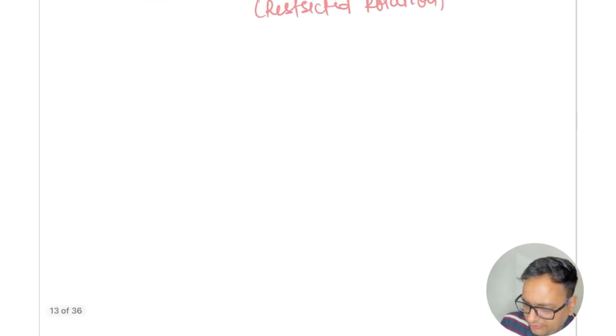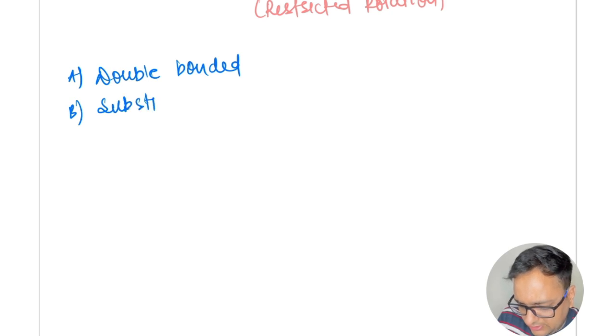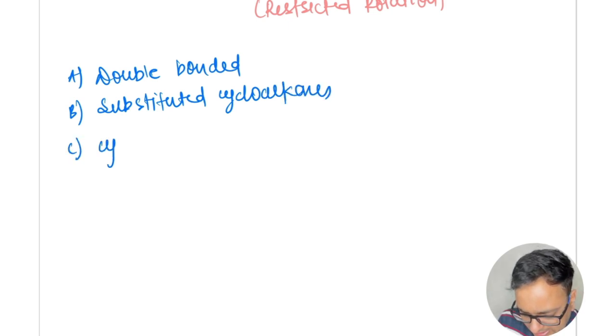Now, how many ways could we define the geometrical isomer? First, it is our double bonded system. Geometrical isomer itself is a very deep topic. We're going to look at substituted cycloalkanes. C, it is cycloalkanes.